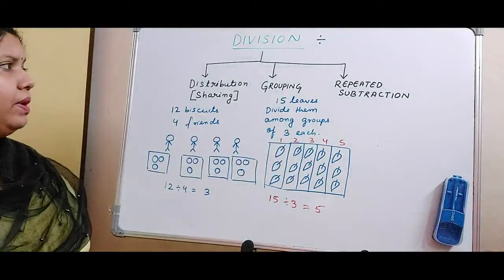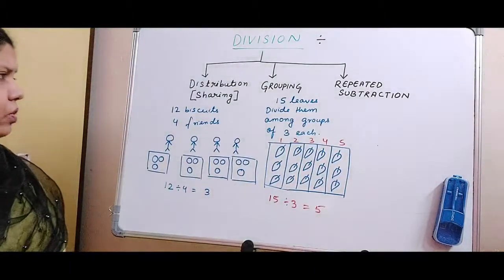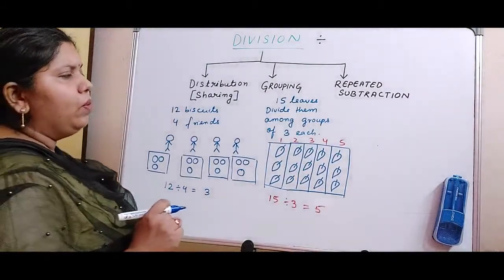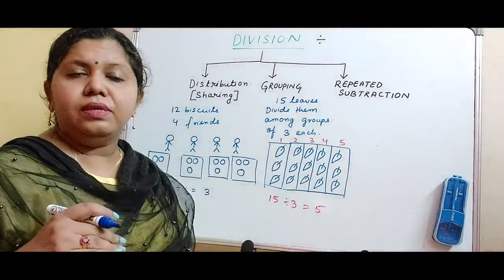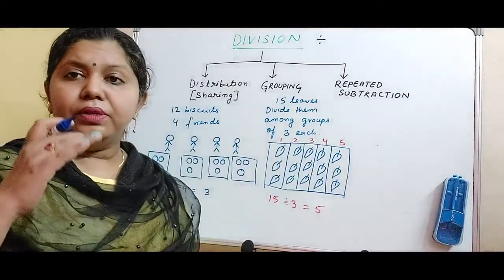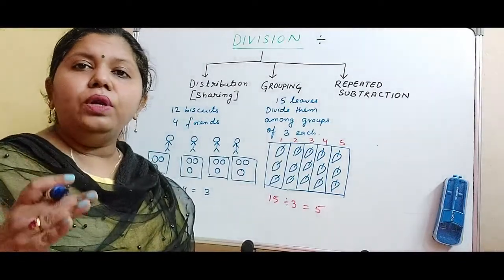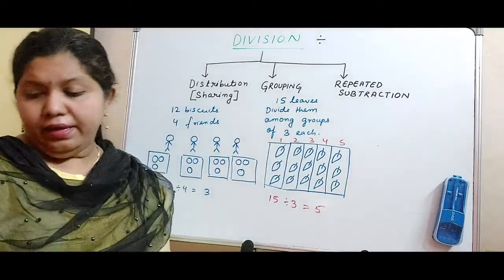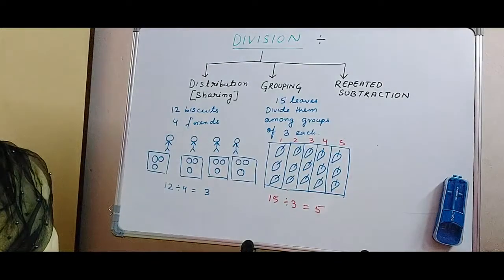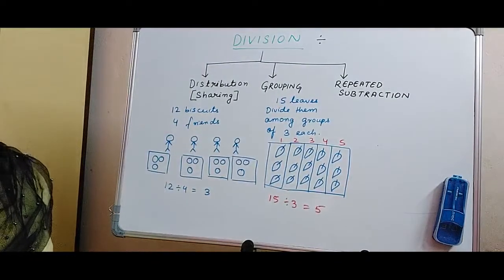Now the last one is repeated subtraction. Each time you are dividing, the count gets reduced. So the counting gets reduced means there is subtraction, and you are repeating it every time.